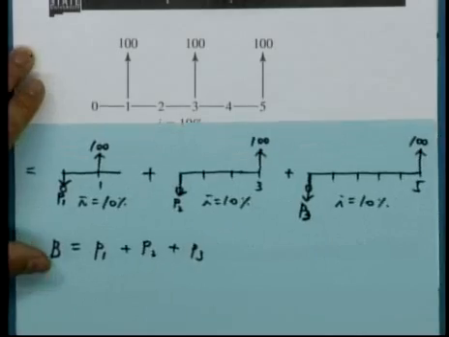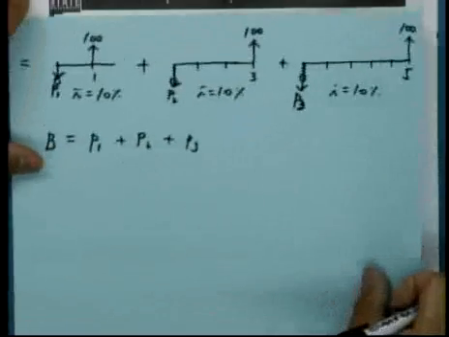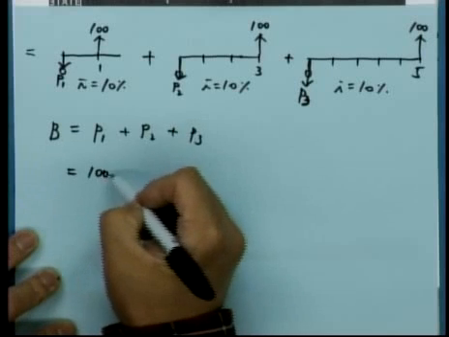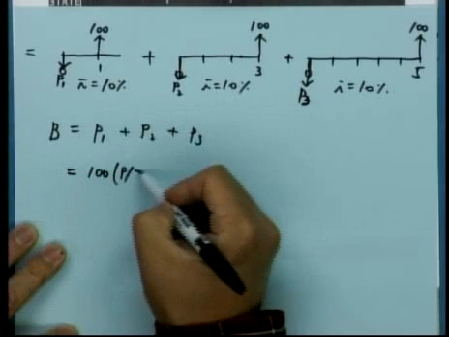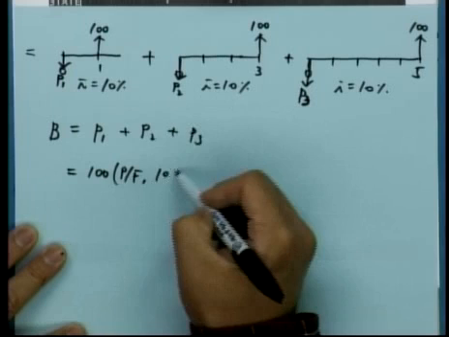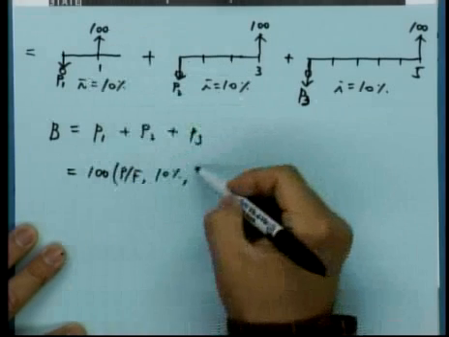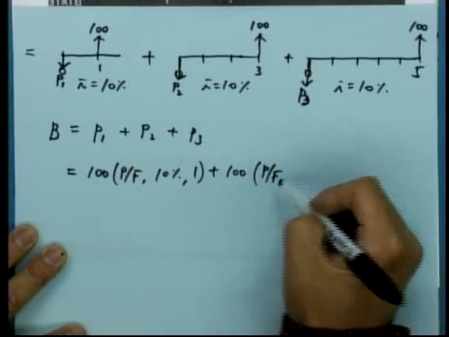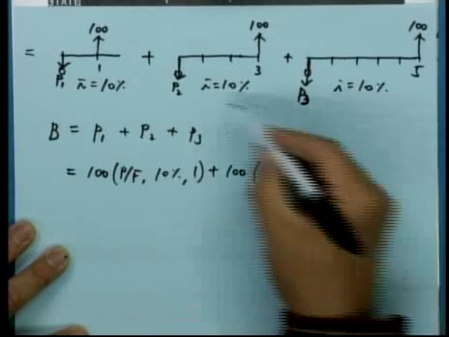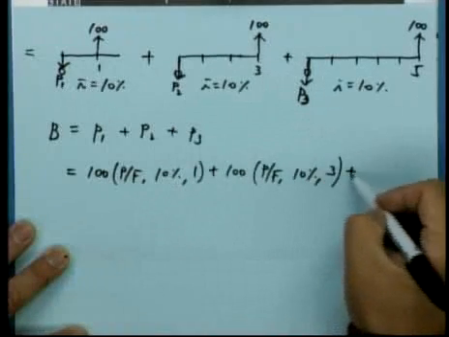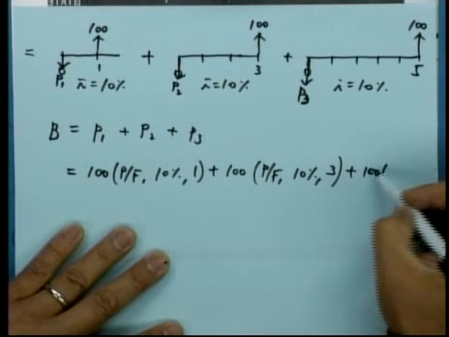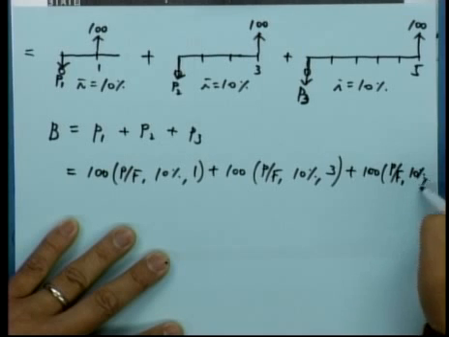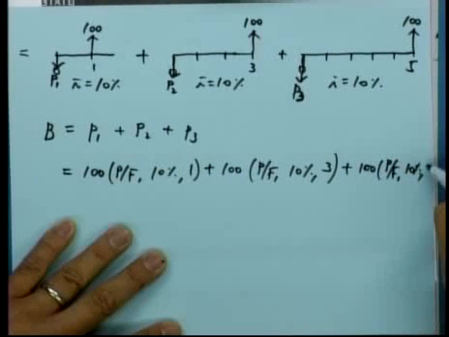So how do you get this value of V? It's going to be 100 times P given F 10% over period 1, plus 100 times P given F 10% over 3 periods, plus 100 times P given F 10% over 5 periods.